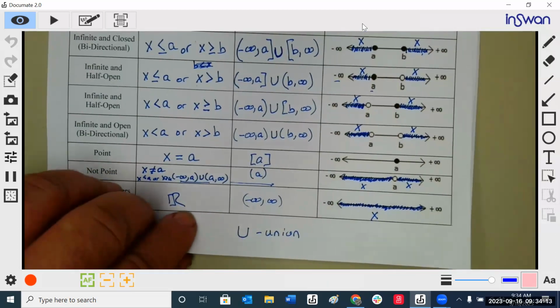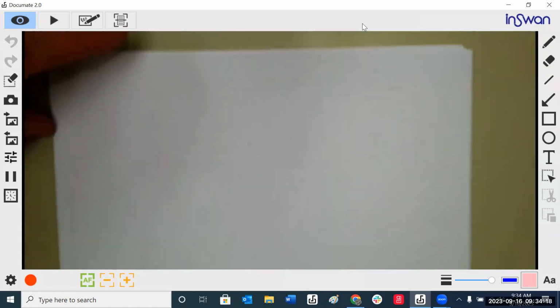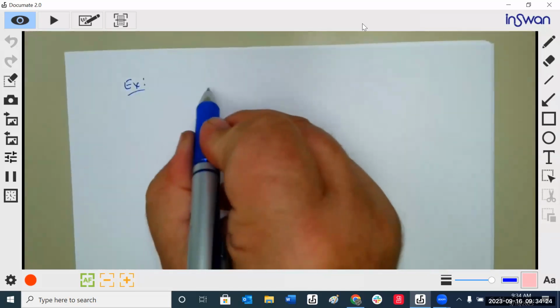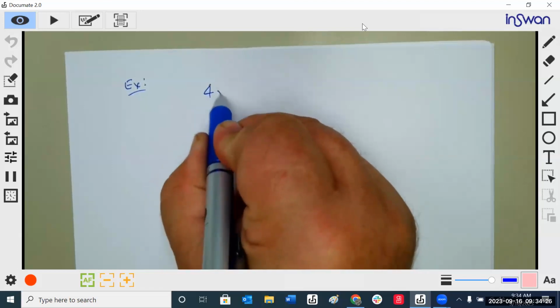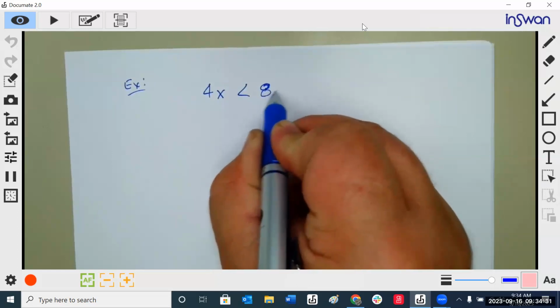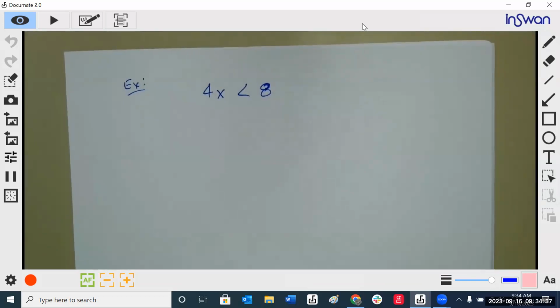Let's look how we solve these things. Graph that for me. Actually, put it in the other two notations. What notation is this?